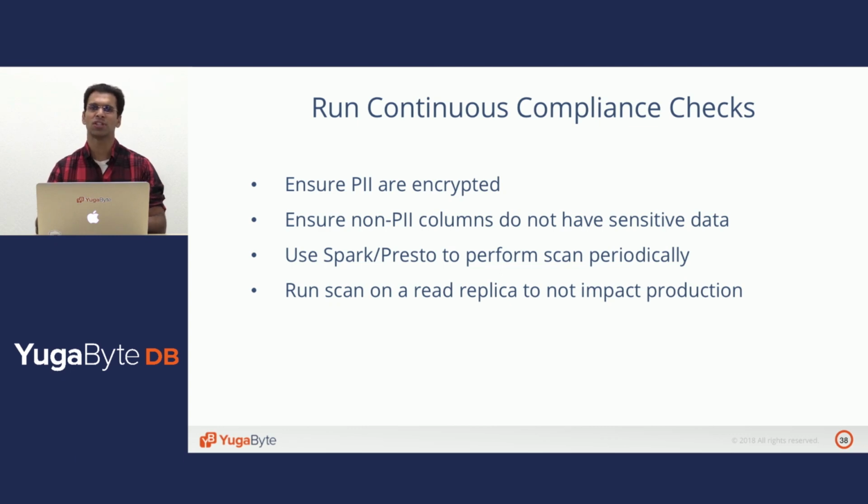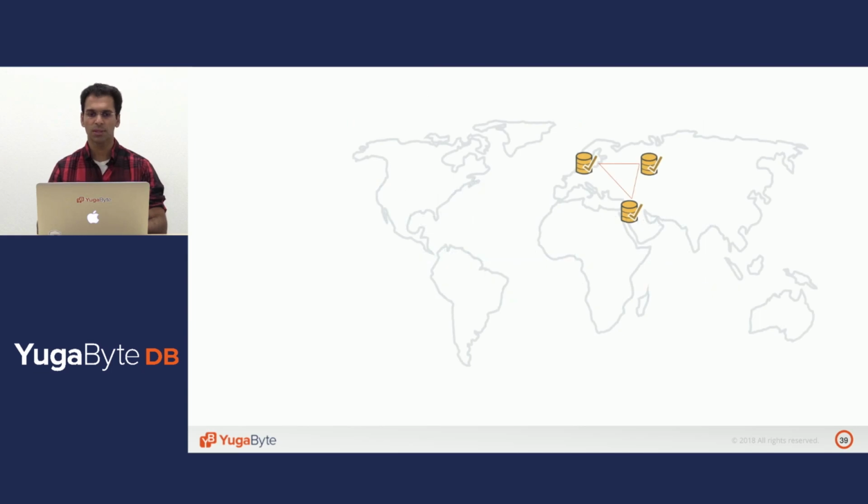And in order to achieve this, you can use an analytics system such as a Spark or a Presto to perform the scans periodically. And finally, a lot of people don't want their production clusters to take a hit. So you could create a read replica of the production cluster in order to keep scanning the data without impacting your production traffic. So let's look at this diagrammatically.